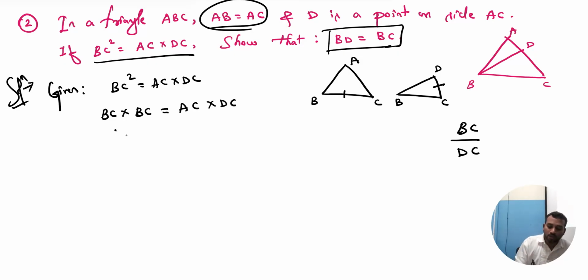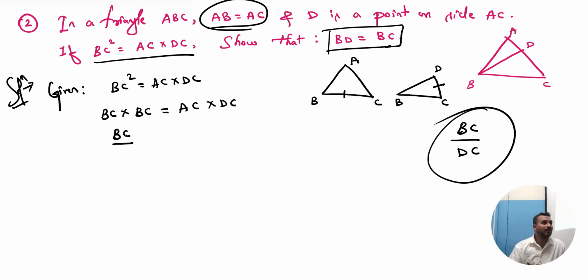So what I am doing now, I am keeping this BC as it is by. Now, can we shift AC down or DC down? Yes. See here. The logic is simple. For whom shall we send? DC. Any doubts? Clear now? BC by DC is equal to AC by BC.